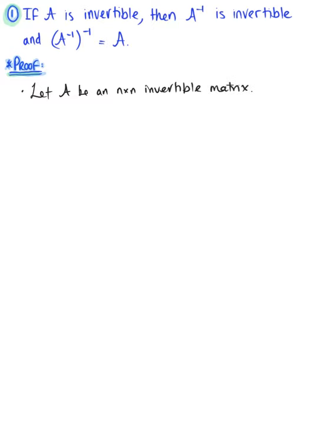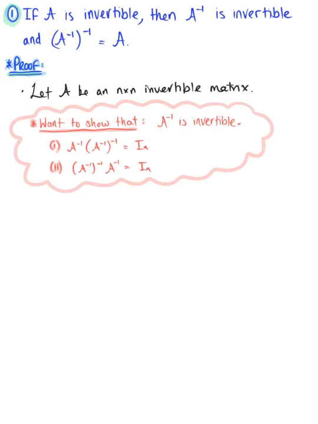Now, what exactly is it that we want to show? Well, we want to show that the inverse of matrix A is also invertible. So to show that the inverse of matrix A is invertible, we need to show 2 things. We need to show that the inverse of matrix A multiplied by the inverse of matrix A is that n by n identity matrix.